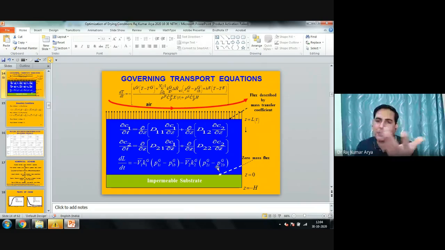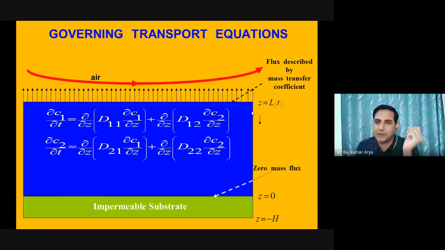Then if you calculate per unit time, you can calculate the thickness change of the coating. Over a period of time, the thickness keeps decreasing with respect to time, in this way. We are just taking the assumption that the substrate is large.